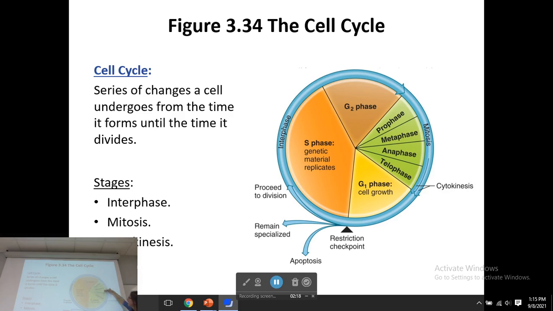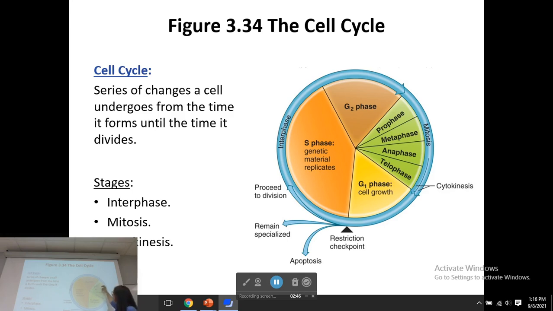And then we have mitosis. Mitosis literally means division of the nucleus. That's when the nucleus is going to divide up its genetic material and produce more genetic material and put it in a location that it can be divided up, and then the cell will have material needed for the new cell.